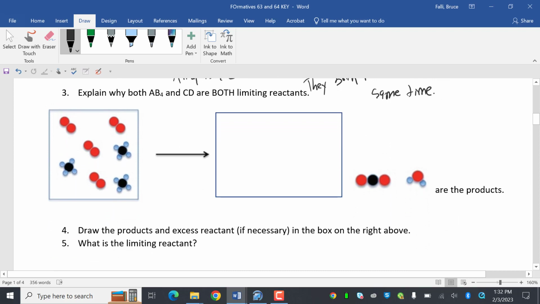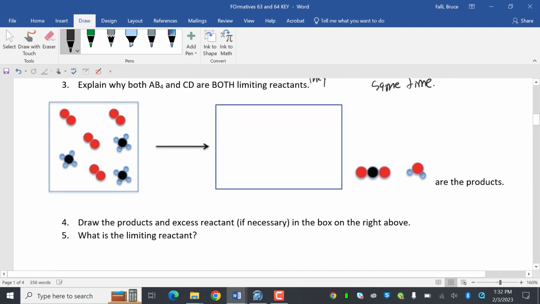Let's see here. 4. Draw the products and excess reactants if necessary in the box on the right above. So I got to make this guy, and let's see if I can. To make this guy, I need one of these and two of these. So I got a black.